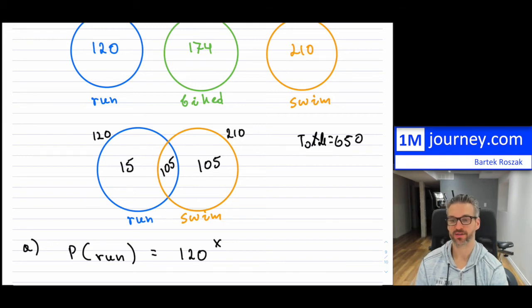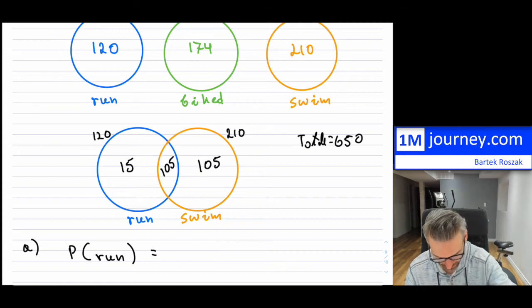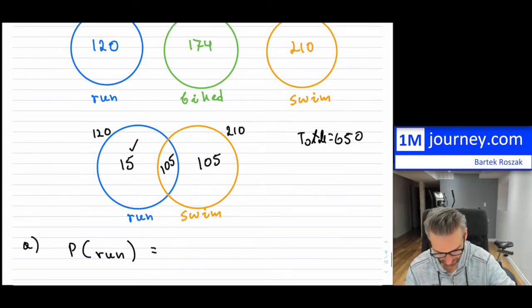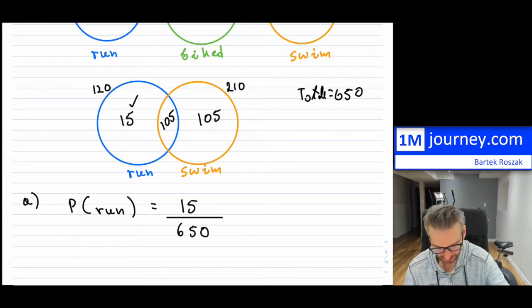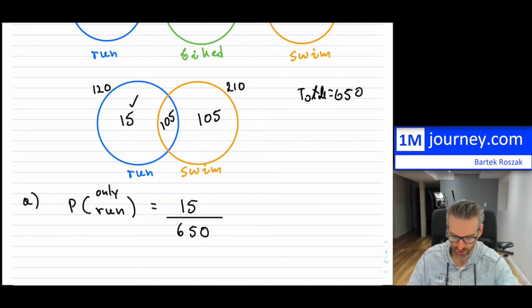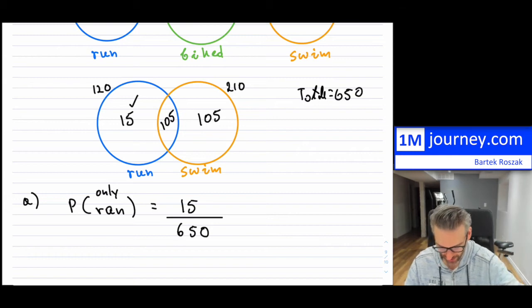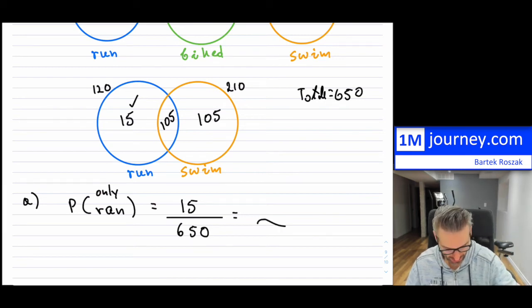If you look at this, how many athletes only ran? Well, 15 of those athletes. So 15 athletes, at least from the ones that they give us, only ran. So only ran. That's my probability, and you can turn that back into a percent, and round it if you like, and that would give you the percentage. Okay, so that's part A.